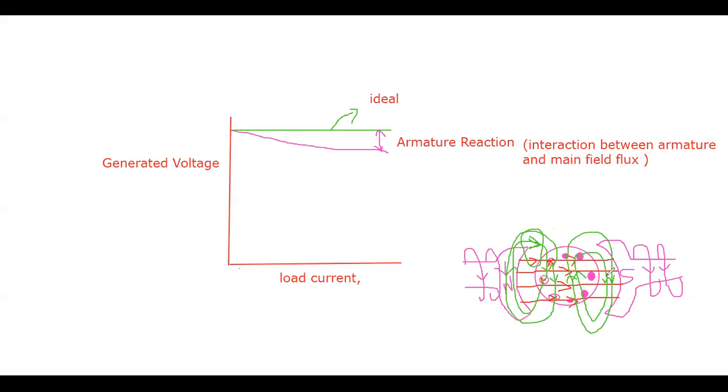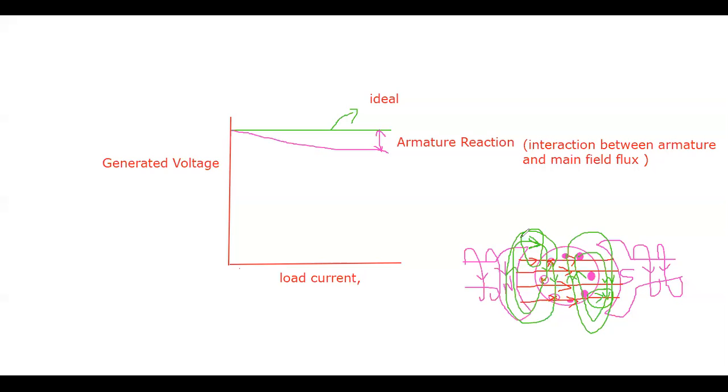Whereas at the bottom pole region, the current is entering in this manner, while the flux is traveling from the north pole to the south pole. So these two directions are opposite, and the flux will get reduced to a minimum value.